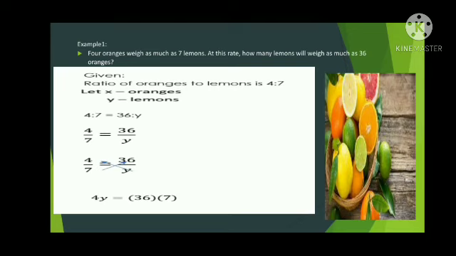So, we will apply cross product or cross multiplication. By applying cross multiplication, it will become 4 times y on the left side of our equation. Same thing happens if we cross multiply 36 times 7.